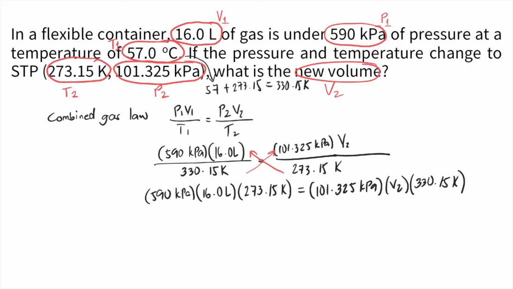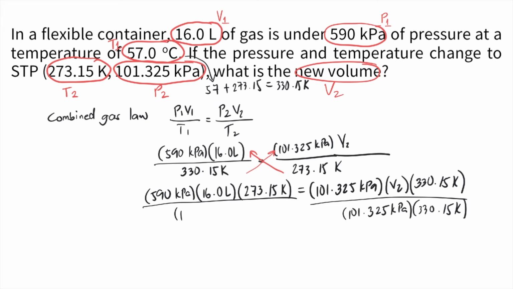Then, if you want to solve for V2, you just divide both sides of the equation by 101.325 kilopascal times 330.15 Kelvin. So you do that on both sides of the equation.